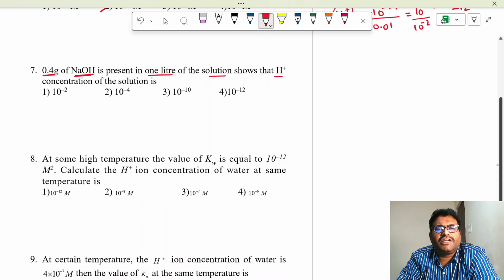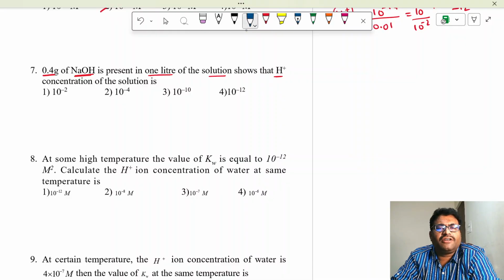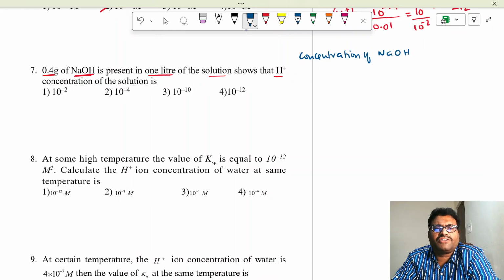Coming to the next question, 0.4 grams of NaOH is present in 1 liter of the solution, and H plus ion concentration of the solution is asked. So now molarity can be calculated. Let us calculate concentration of NaOH. That is molarity. Molarity is equal to number of moles by volume in liters.